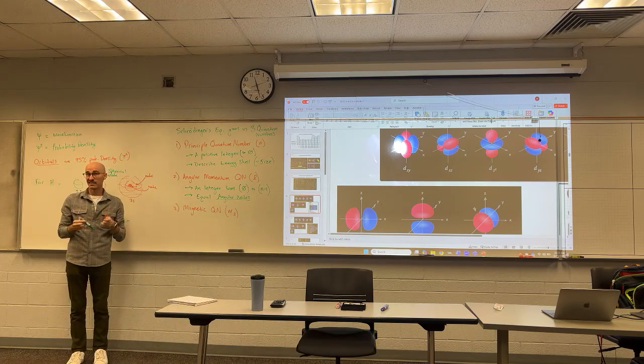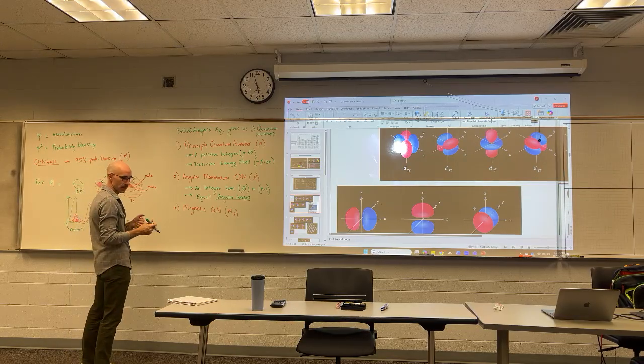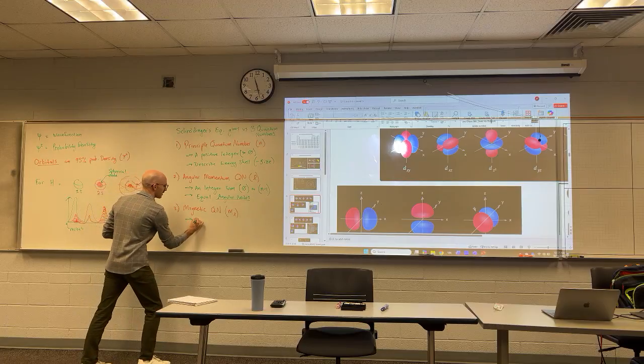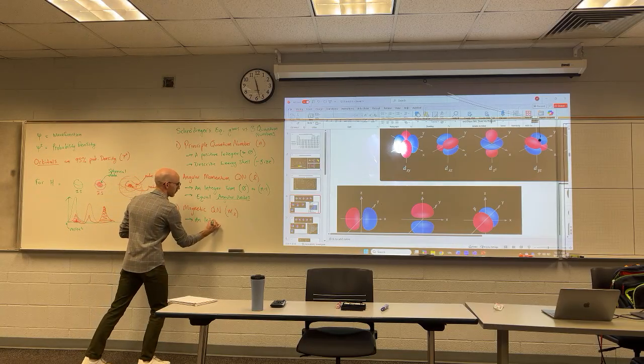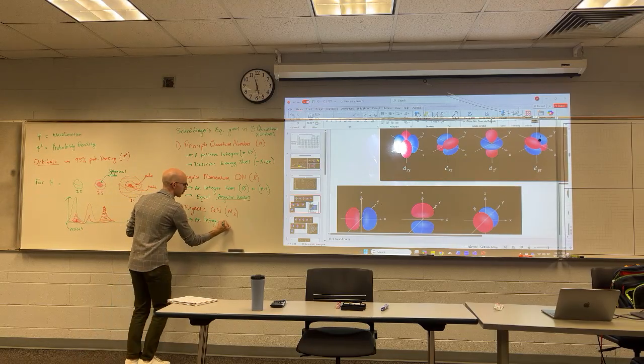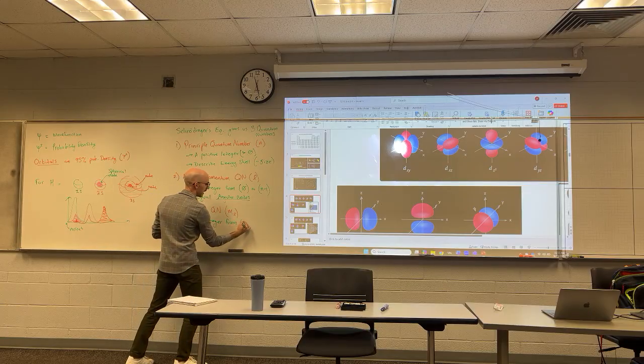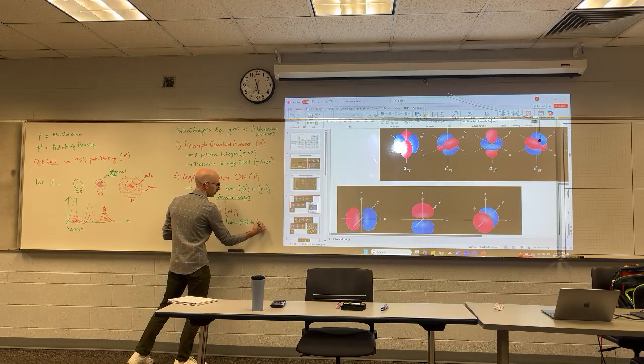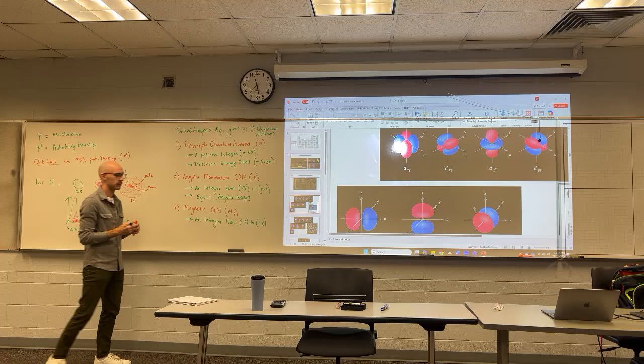I like this because m kind of corresponds to magnetic. l tells you that m sub l, the magnetic quantum number, is dependent on l. These are the restrictions. This is an integer, and this is where I messed up before. This is an integer from negative l to positive l.